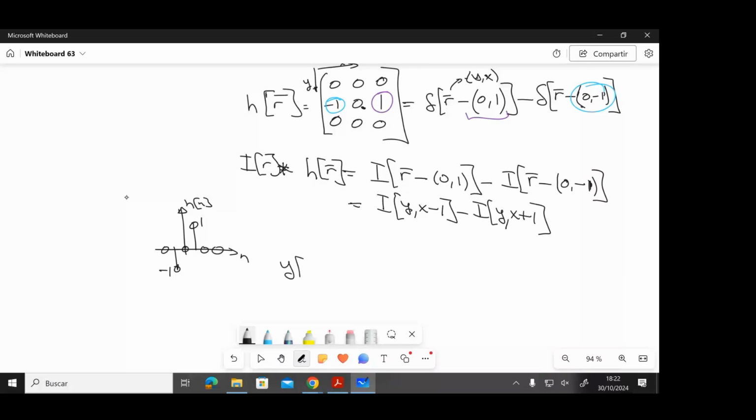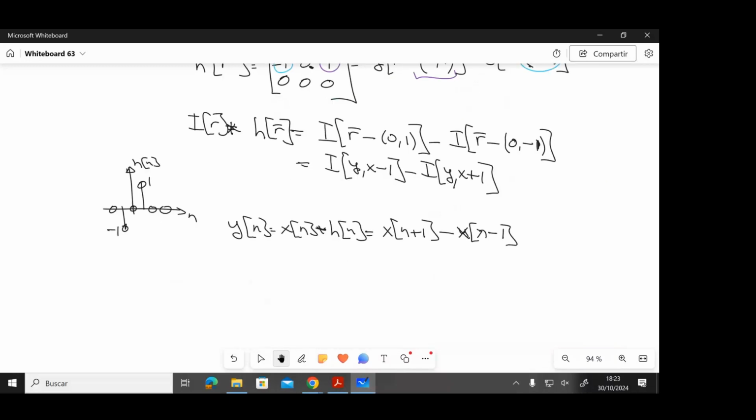So y of n is x convolved with h, and this would be x of n plus 1 minus x of n minus 1. And this is an approximation to the derivative.